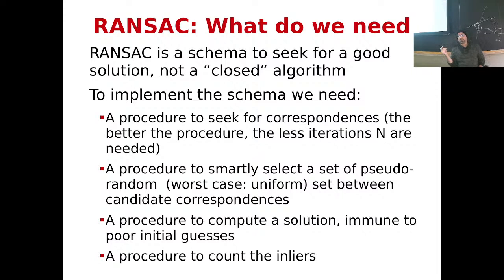Or for instance, in case of images, if you know that your camera never flips the other direction, then you try to pick correspondences so that the order on the image is preserved.